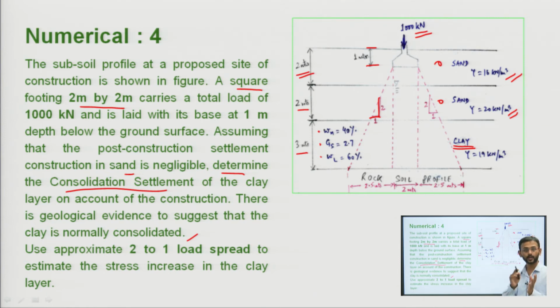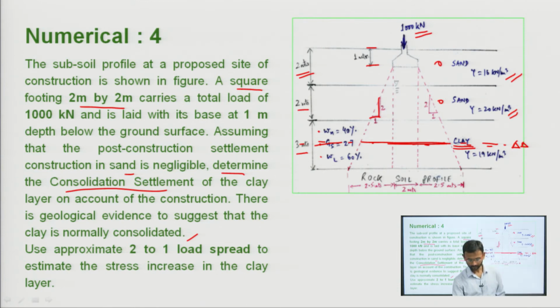Alright. Now where do we find out the consolidation settlement? We find it at the center of the compressible layer, at this 1.5. Okay. So we have to find out this depth also, this width also on which the load is acting. Okay. So let us see.